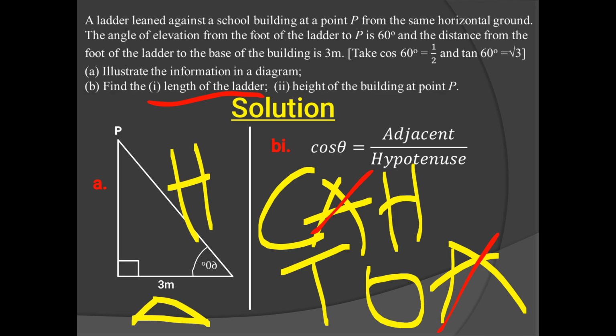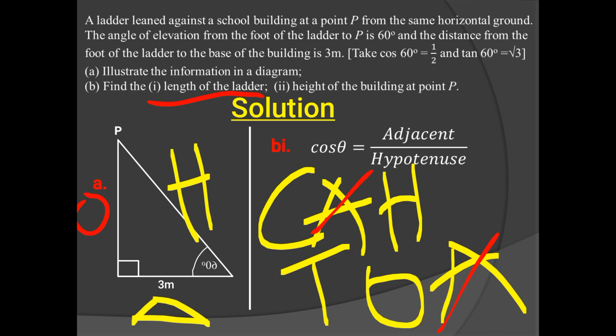Are we there? Good. Now, the second part says we should find the height of the building. With that one, we can use our tan, because we are looking for this side.